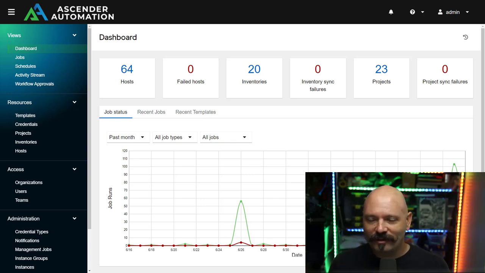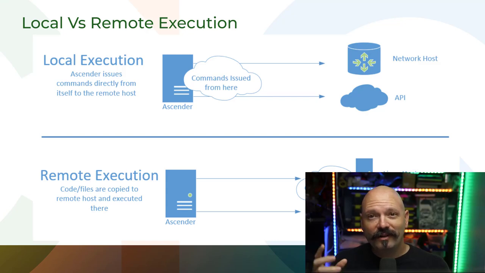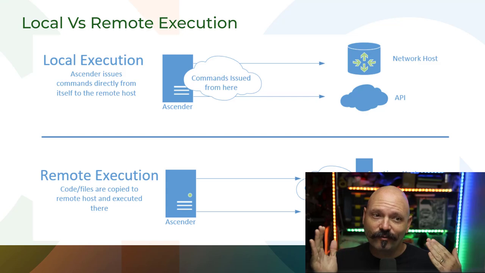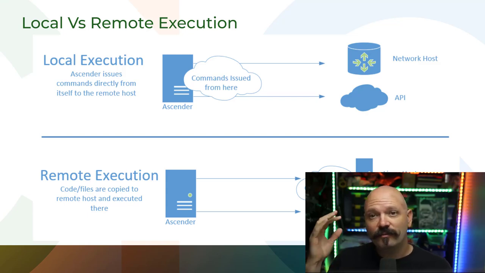So I'm going to start by looking at my screen over here. That's my Ascender. We're going to get to that in just a second. There are a couple of execution types inside of Ansible. You've got local and you've got remote, right? Traditionally, what we're accustomed to is remote execution, going against your Linux host, your Windows host, things like that.